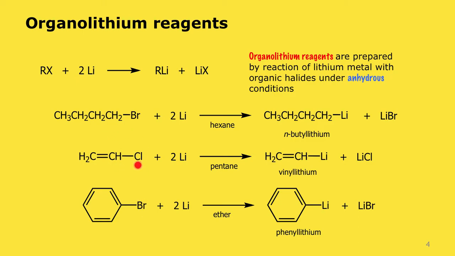Alkyl halides, vinyl halides, aryl halides will all react in a similar fashion to give the corresponding alkyl lithiums. You'll notice here there's a broader range of solvents in these examples. This is simply pure hexane, pure pentane, and again, ether refers to diethyl ether. And just like the Grignard reactions, it's important that these reactions happen under anhydrous conditions.